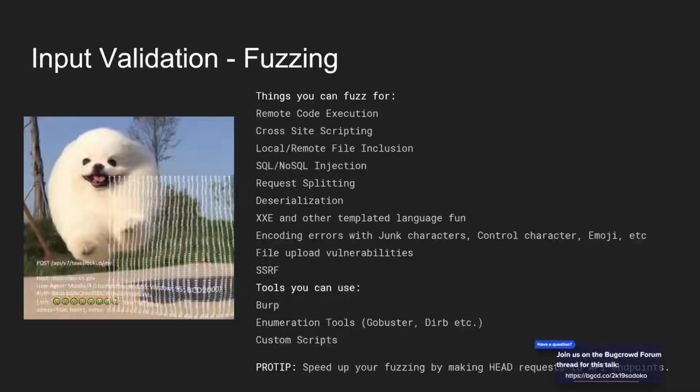So, common ways to test: fuzzing. There's a lot on here. There's things you can fuzz for, which are things you normally fuzz for in any sort of application, which is remote code execution, cross-site scripting, local and remote file inclusion, SQL, NoSQL injection, request splitting, deserialization, XXE, and anything else with templated languages, encoding errors, which is another favorite of mine, with junk characters, control characters, emojis, and Unicode points that don't have any data associated with them, which is another thing that applications sometimes forget to include processing for.